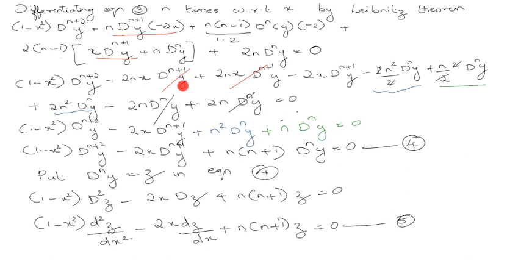Now these two terms get cancelled. Again these two terms get cancelled. So what is remaining is 1 minus x square dn plus 2y minus 2x dn plus 1y. Now you know that these two, the 2 and 2 get cancelled, leaving what, minus n square dny.